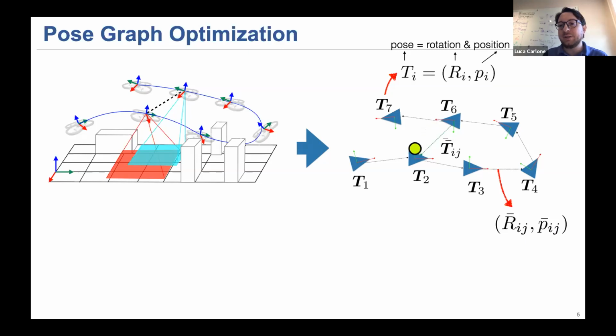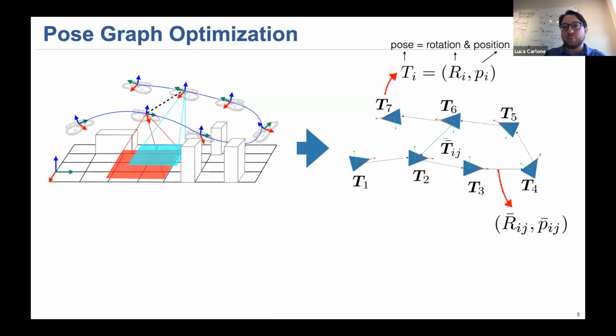So we are given this Tij bar, which is a measurement of the relative pose between node i and j, in this case between node 6 and node 2. And these relative poses attached to each edge again have a rotation component, Rij, and a position component, Pij. So geometrically, for example, for this edge, the measurement is a measurement of the pose of T4 with respect to the pose of T3.